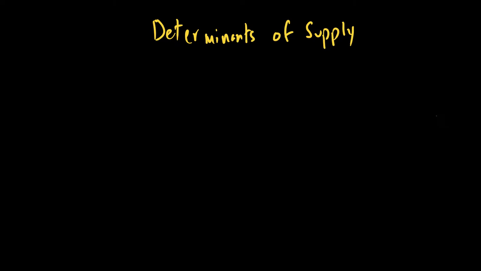Let's talk about the determinants of supply, or in other words, what are the factors that affect supply? Well, we divide factors that affect supply into two big categories. The one is what we call the price factor, which is a very important one, and the second big category is what we call non-price factors.